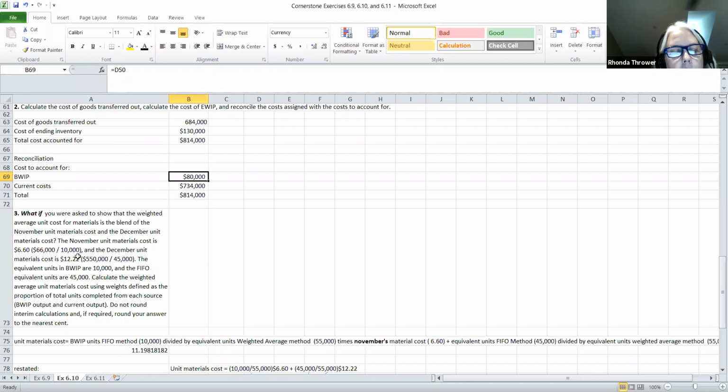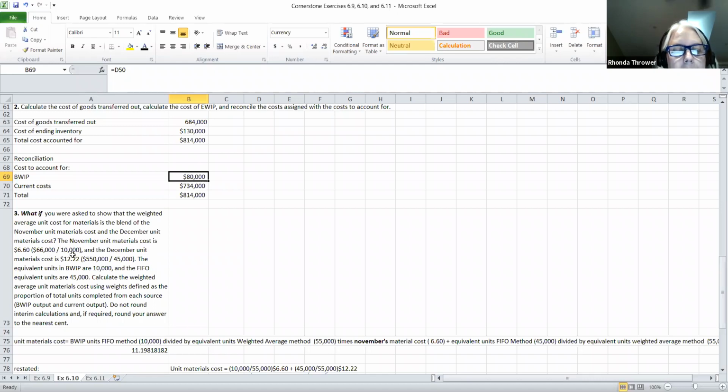The November unit materials cost is $6.60. We find that by taking the beginning inventory cost from November, this was given, and we're going to divide it by 10,000 units.